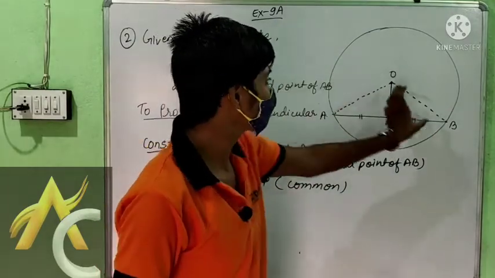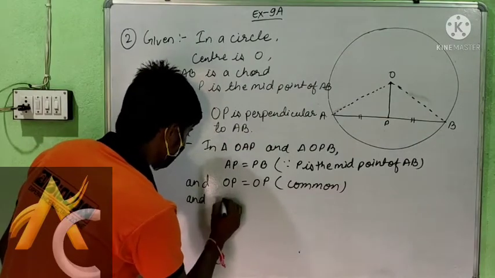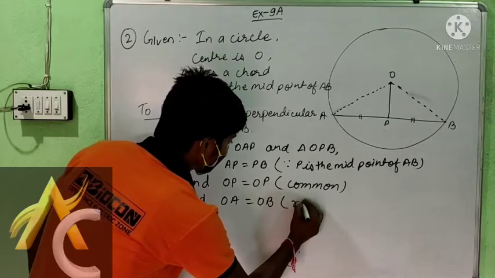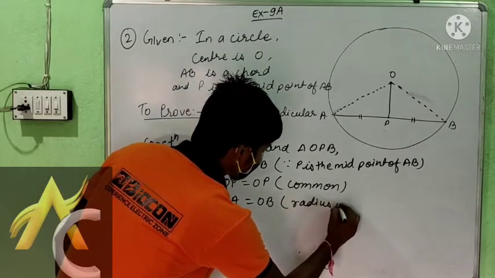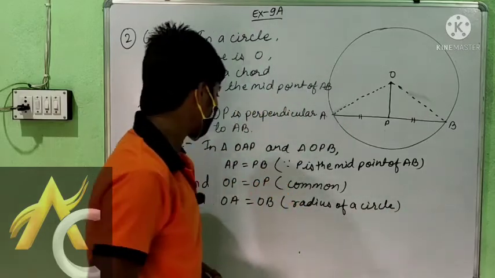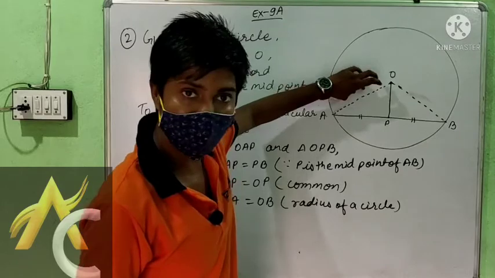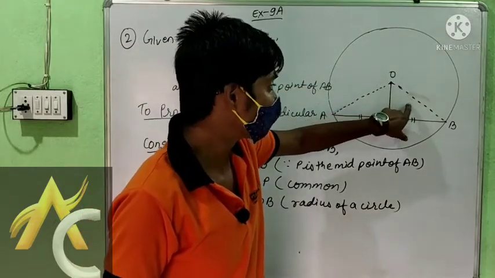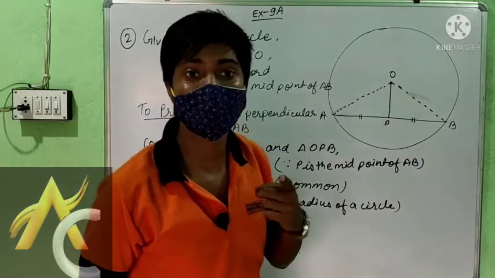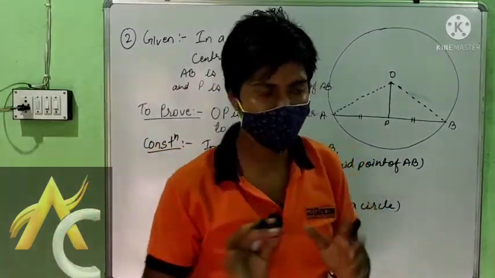Because OA and OB are radii of a circle. Now, these sides of one triangle are congruent to the sides of the other triangle. That means these triangles are congruent by which criteria? SSS, right? Got it? Simple.